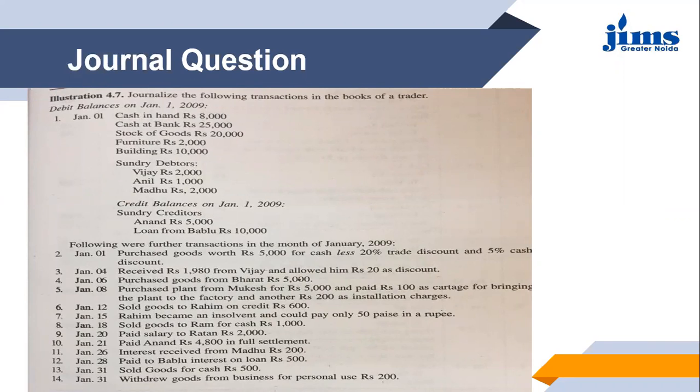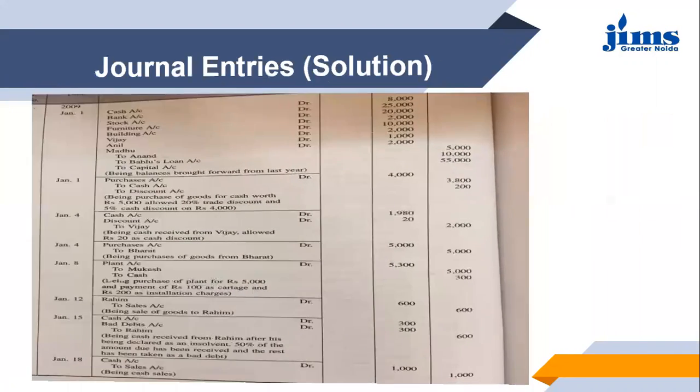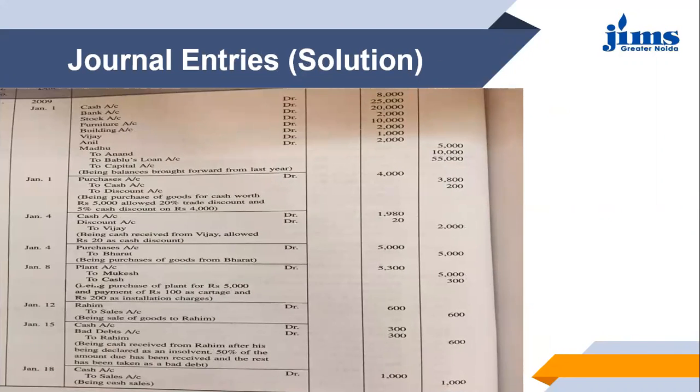As we can see in the debtors column, there is Vijay standing with a 2,000 rupees balance, which needs to be paid to the business. So Vijay is now paying 1980 and allowed a discount of 20 rupees.